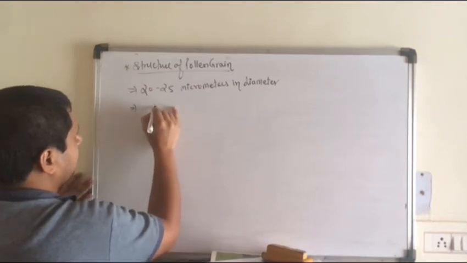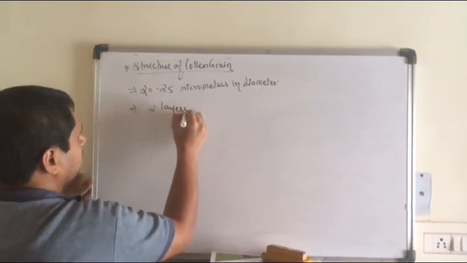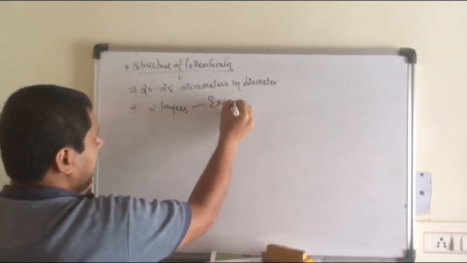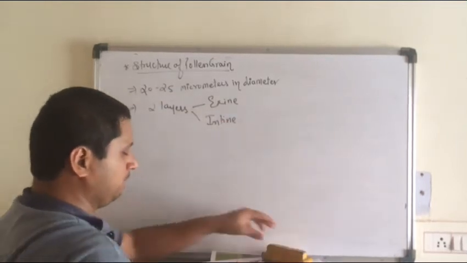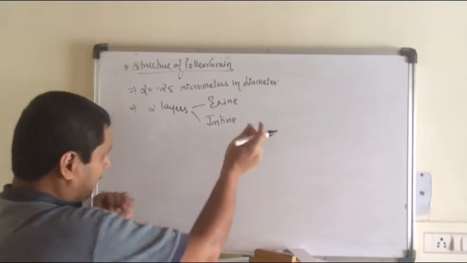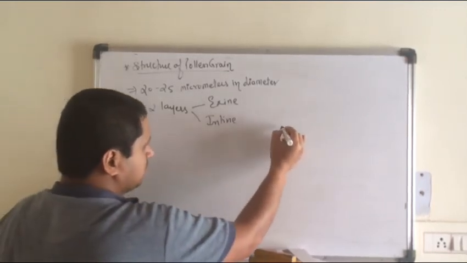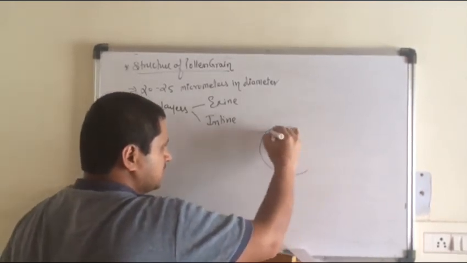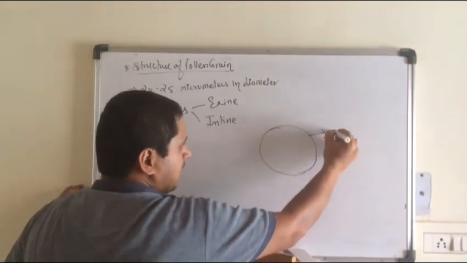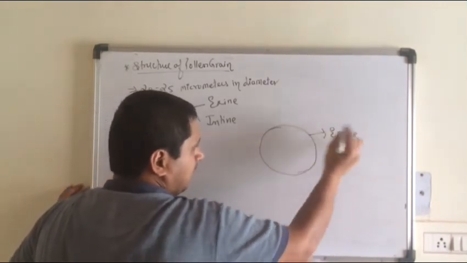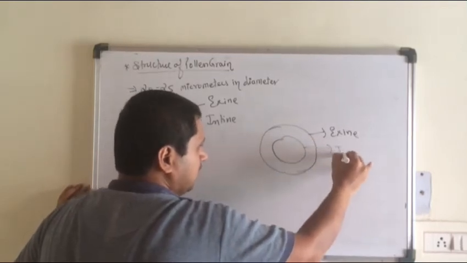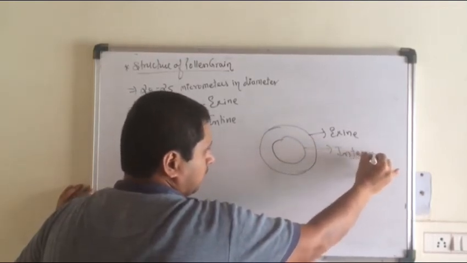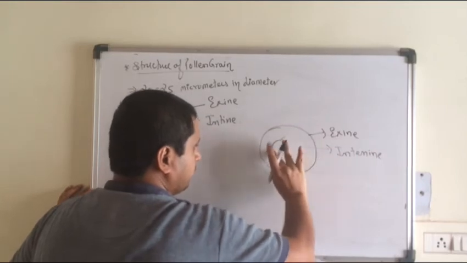Generally it is made up of two layers, the exine and the intine. This is the exine, and the inner layer is known as the intine.